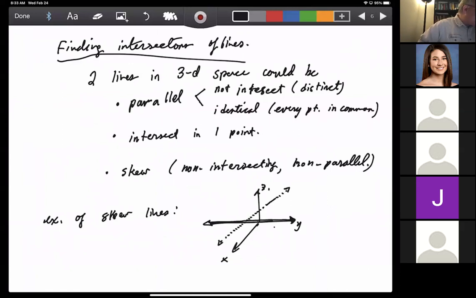You can work in terms of the parameterizations of the two lines, and do algebra with the coordinates. So does anyone need more time on this page? We good to go?